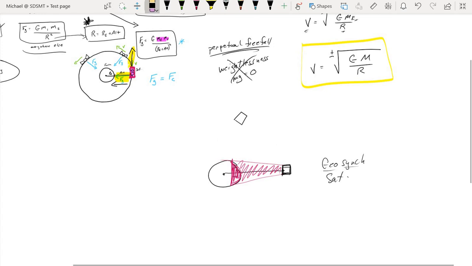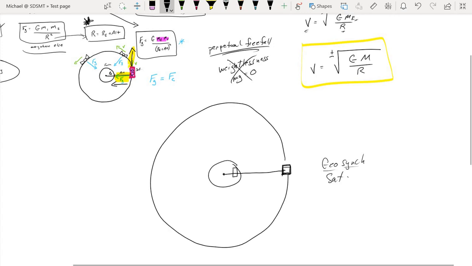So we need to place this satellite at a location above the surface of the Earth such that as the satellite goes around, it's constantly keeping track with us on the surface of the Earth. Well, we go around every 24 hours, and so we would have to have the satellite travel around once every 24 hours.